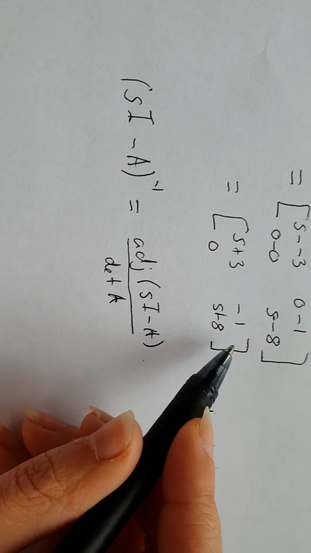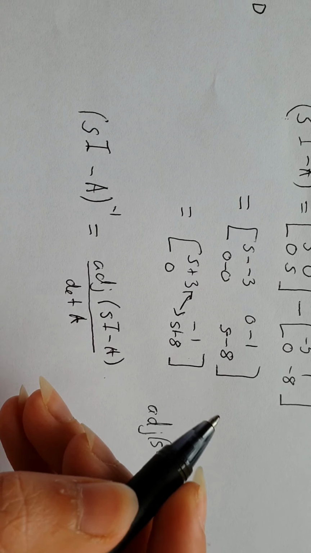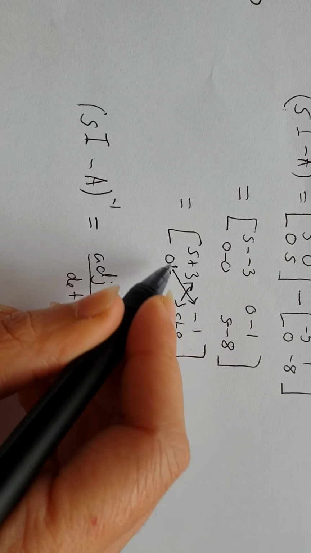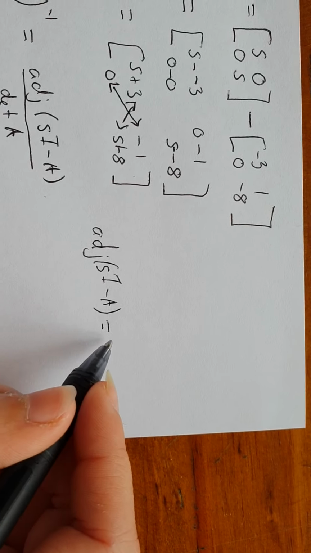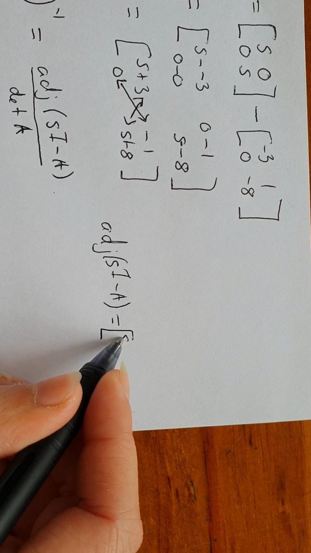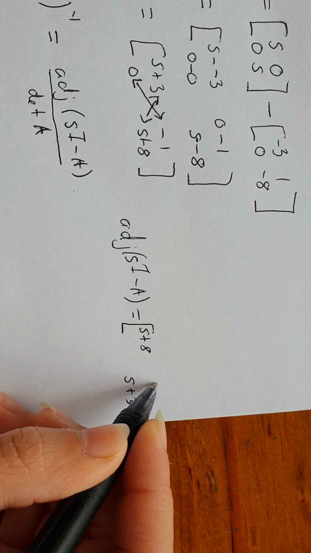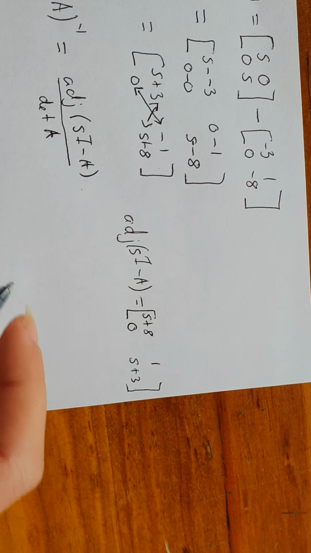So that's very simple. It's this one, but these two terms are switched and the signs in front of these two are switched. So that's going to look like S plus 8, S plus 3, 1, and 0. Since we can't get a minus there, it's just there.